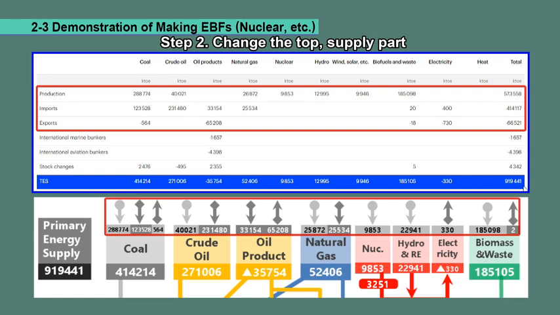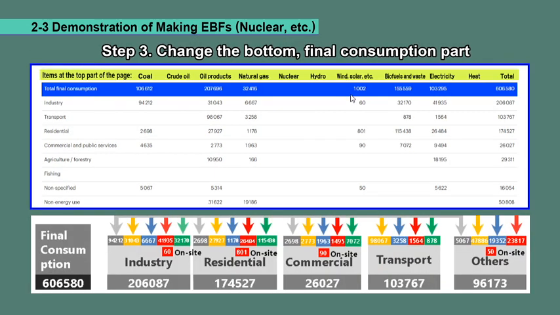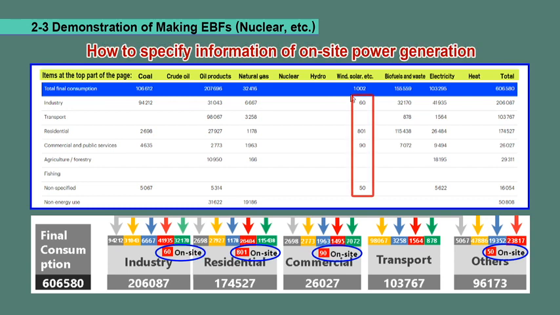Aside from this, the handling of production and trade is the same as in other cases. Next, the final consumption part at the bottom. You need to note here that India has on-site solar power generation.